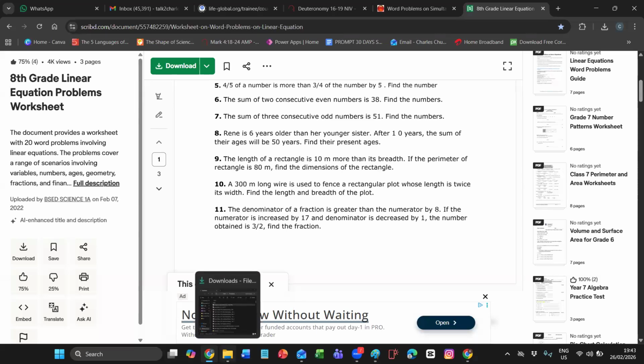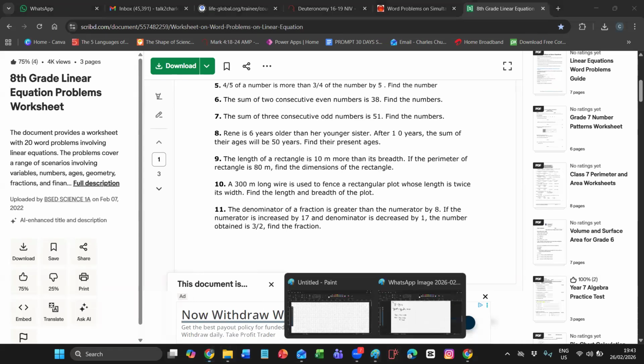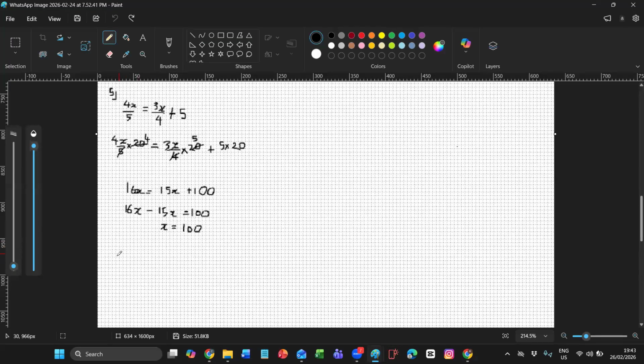So let's see if I represent that in the formula for the perimeter of a rectangle, right?